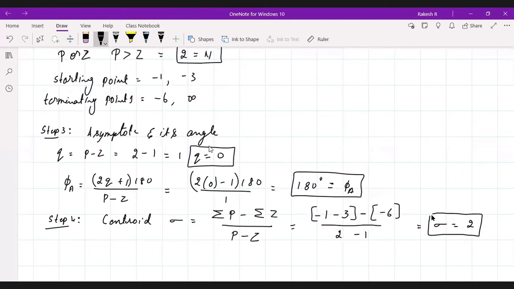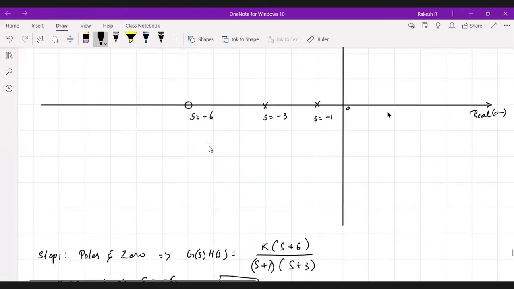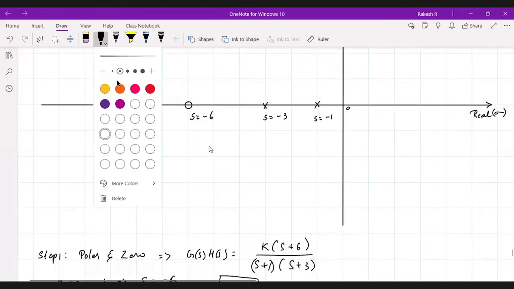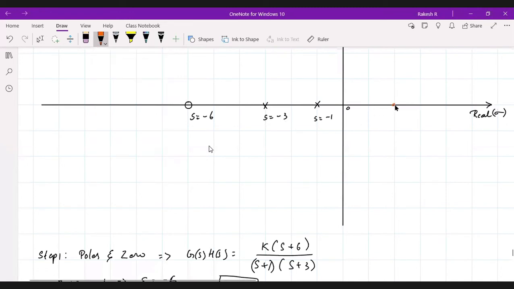So we shall mark these things. That is, the centroid is 2 and the angle of that will be 180 degrees. So the centroid is positive 2 here. I'll mark the centroid here as 2. This is the centroid, sigma equals 2. The centroid is 2 and the angle will be in this direction only, 180 degrees.